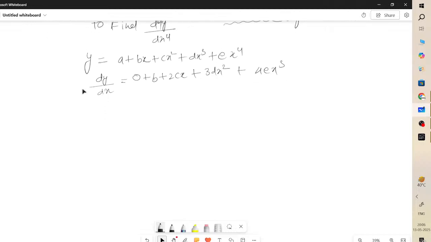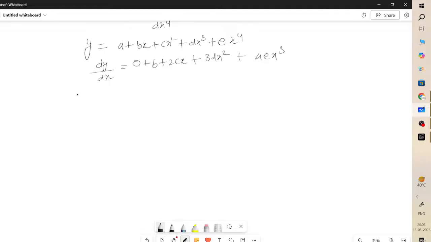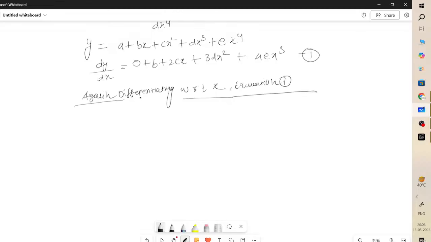Again differentiating equation 1 with respect to x, what we get: d2y by dx2 equals, so 0 we can neglect because there is no significance for it.